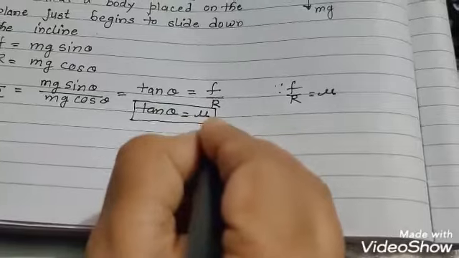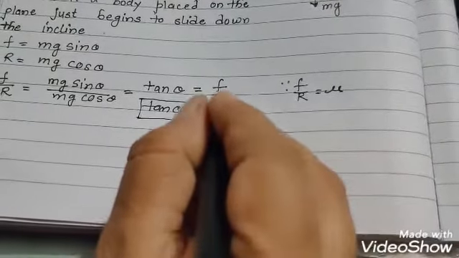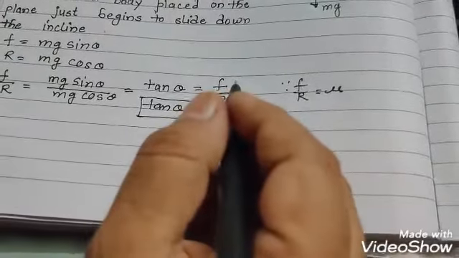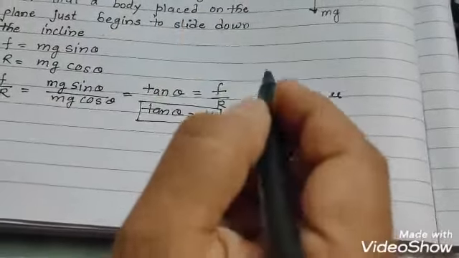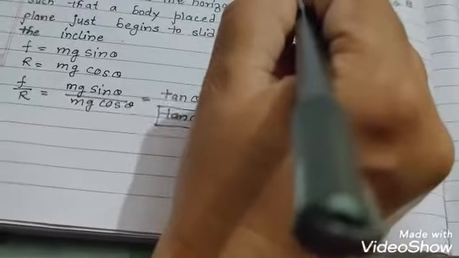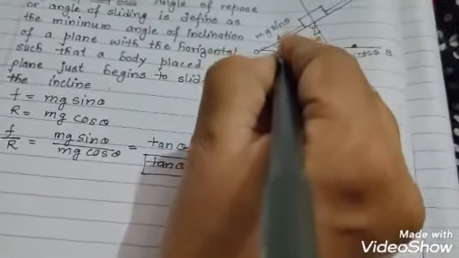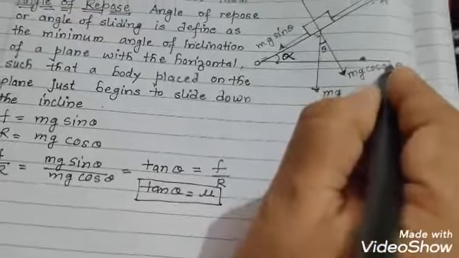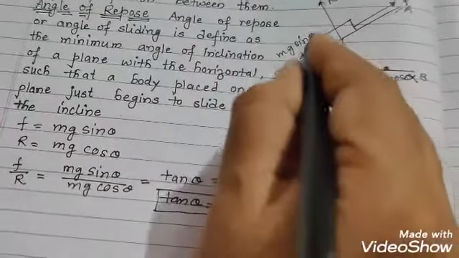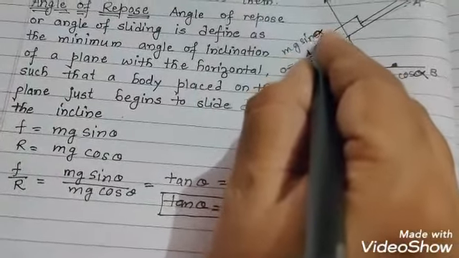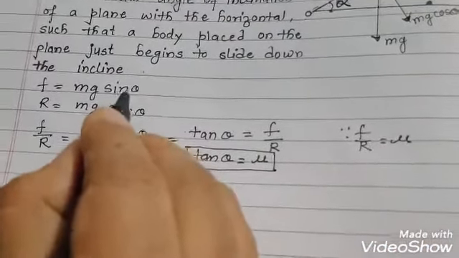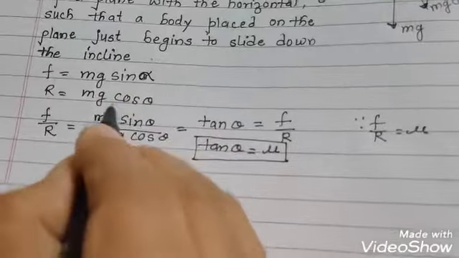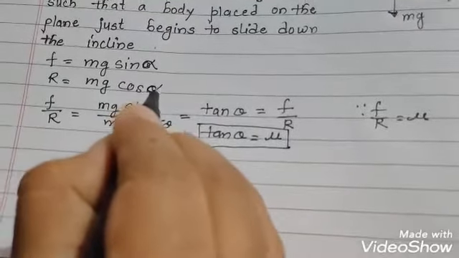Previously we have seen that, that time also we mentioned the angle of friction as theta. Now I will make a little change here: this theta I am just writing as alpha. So this will become mg cos alpha, and this will become mg sin alpha. So the equations become F is equal to mg sin alpha, and R is equal to mg cos alpha.